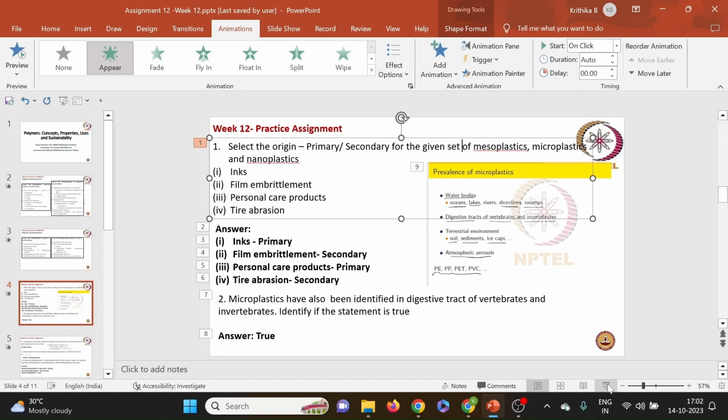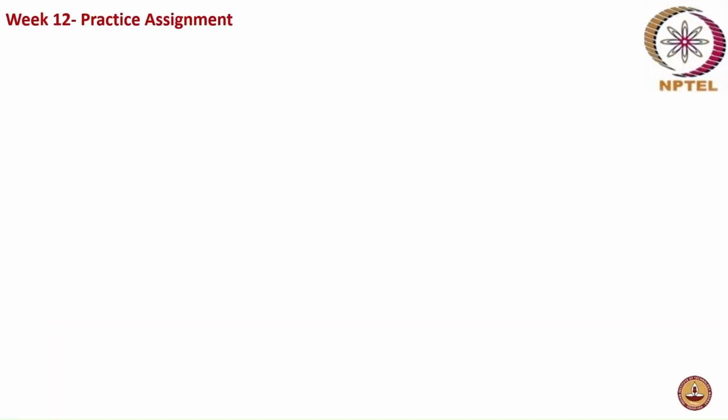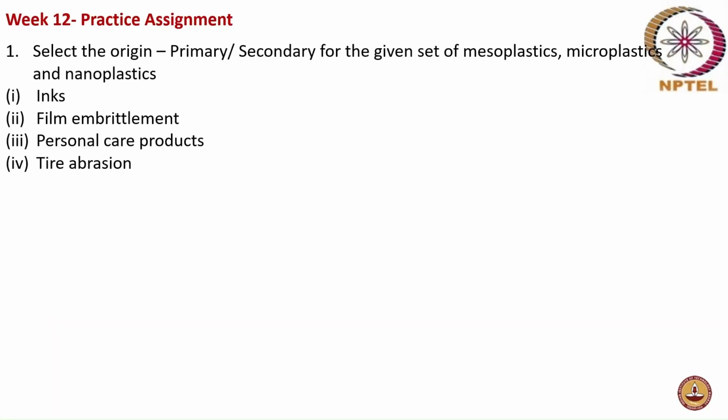Just hold on for a moment. So, select the origin, primary origin or secondary origin, for a given set of mesoplastics, microplastics and nanoplastics: ink, whether it is a primary source of origin or secondary. Film embrittlement, personal care products, tire abrasion.